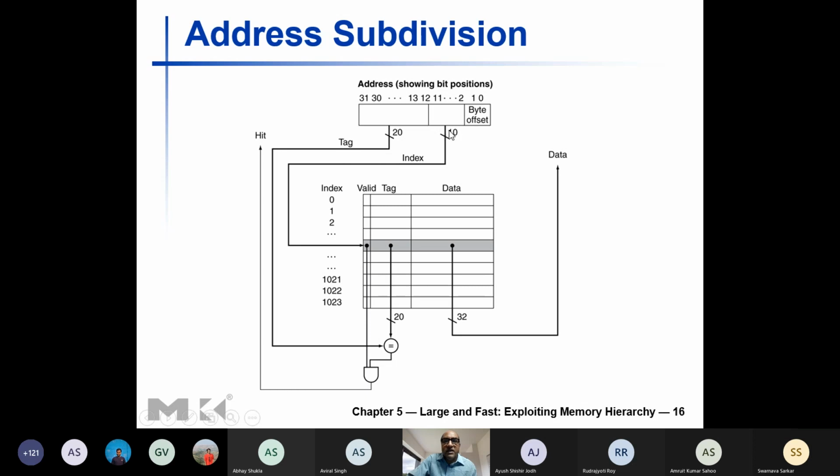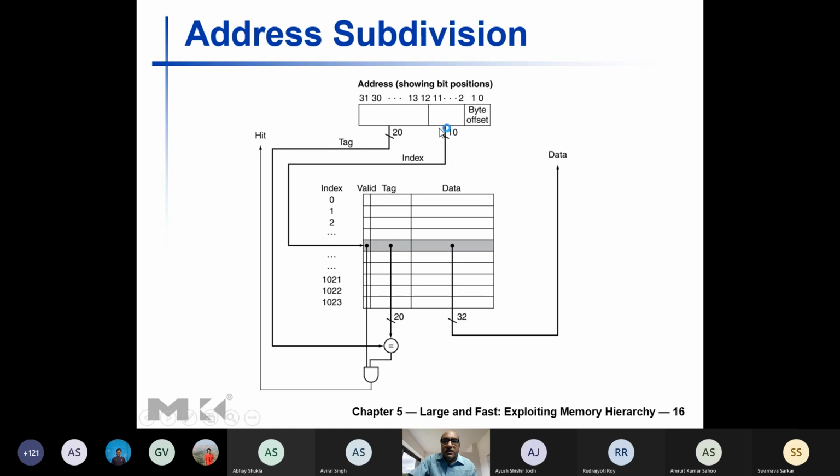This is the cache index, where each index refers to an entry in the cache. The cache usually stores data in the form of blocks, and here a block consists of one word. Therefore these 10 bits refer to the cache index.